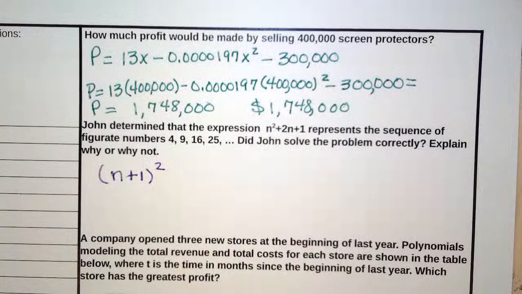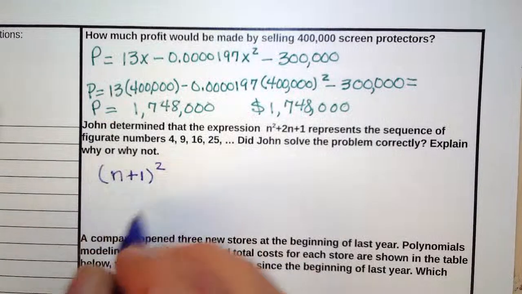Think about it. 1 plus 1 is 2, 2 squared is 4. Now we go to 2. 2 plus 1 is 3, 3 squared is 9. Now we go to 3. 3 plus 1 is 4, 4 squared is 16, and so forth.